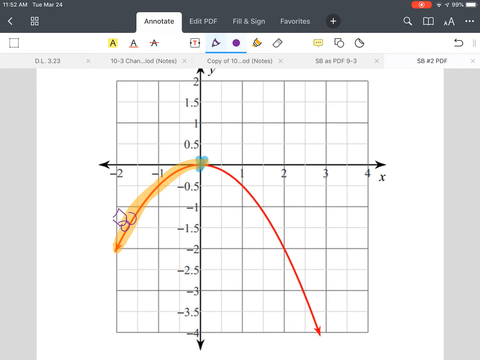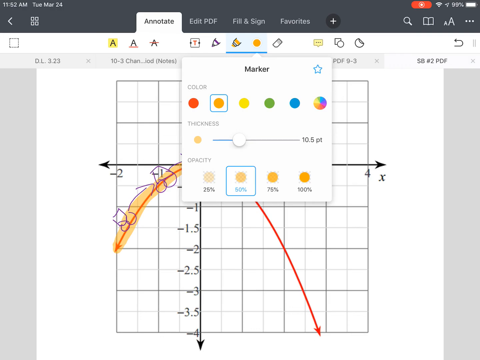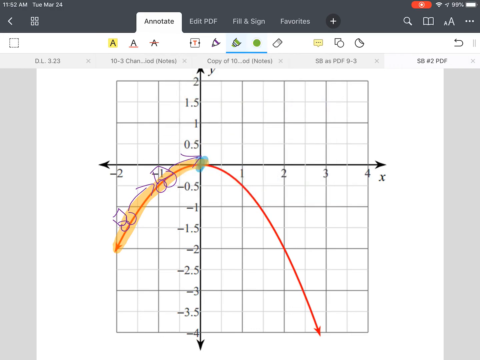Aren't you going up if you're going from here to here? I'm increasing. When I'm increasing, I'm going up the hill. So I'm increasing in this orange, and then let's talk about where I would be decreasing. That would be where my roller coaster or my car would be going down the hill. That would be here. Picture yourself in a roller coaster car here. Well, I sure am going down.